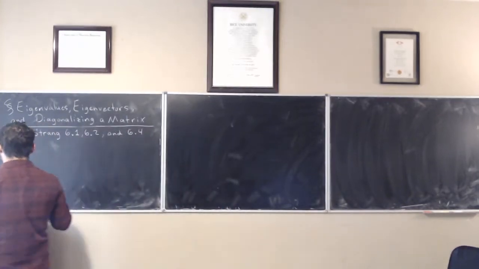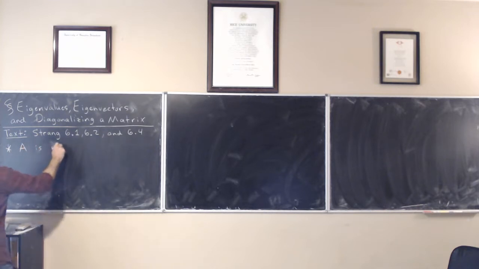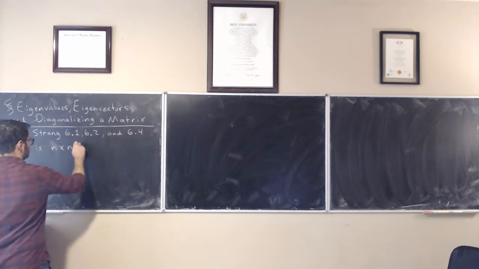All right, so we will focus on square matrices. Throughout, A is going to be an n by n square matrix.